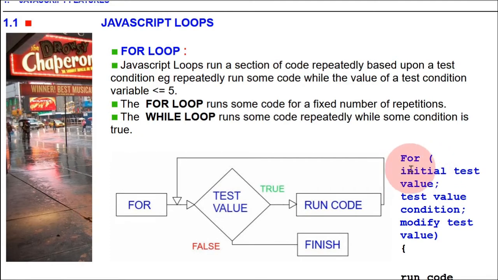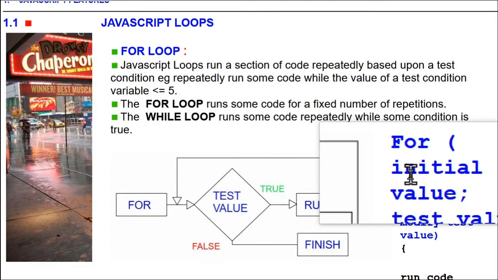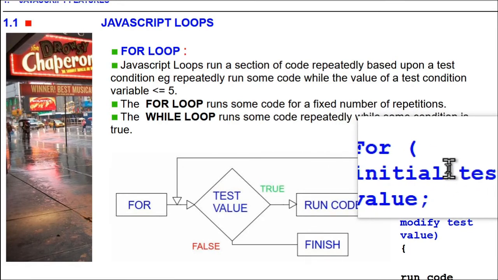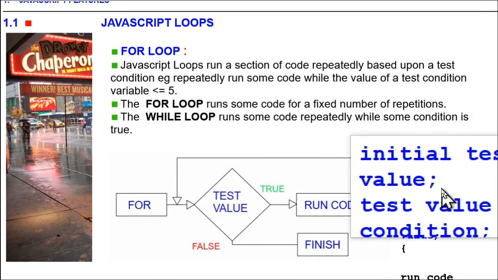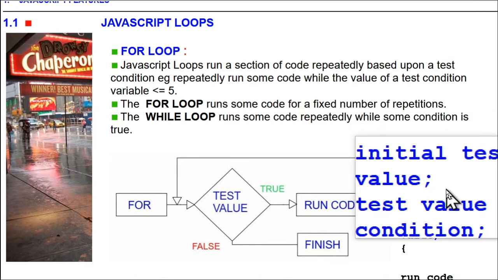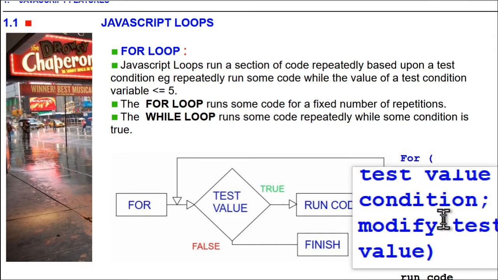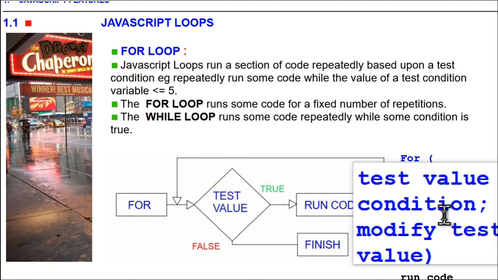The first parameter is the initial condition, so here you would say x equals 1. Then we test the value: is the value of x acceptable? If it's equal to 1, 2, 3, 4, 5, we say okay, keep on running the loop.